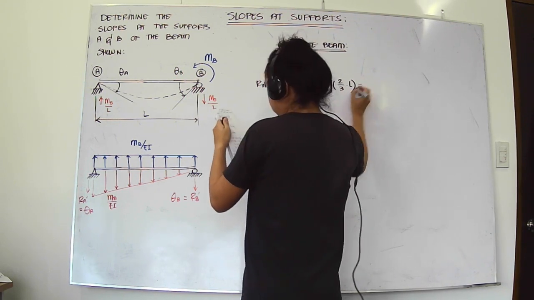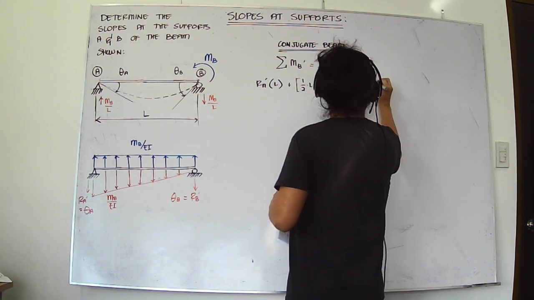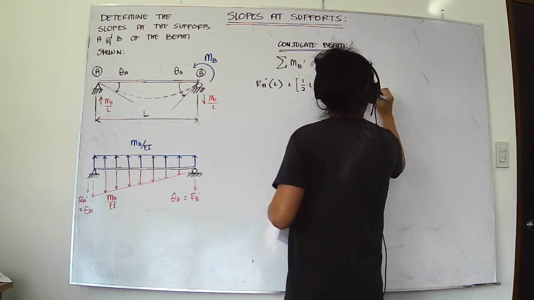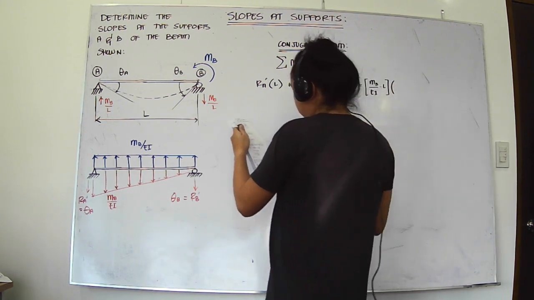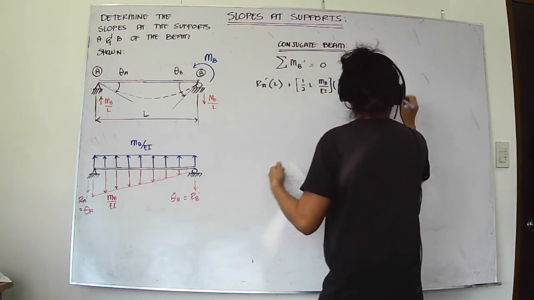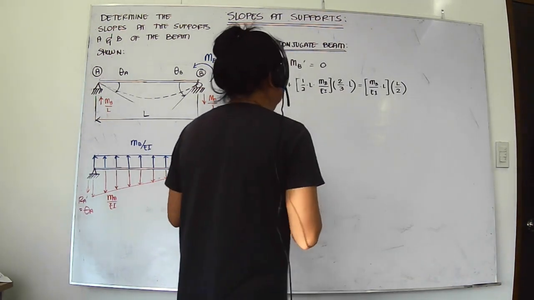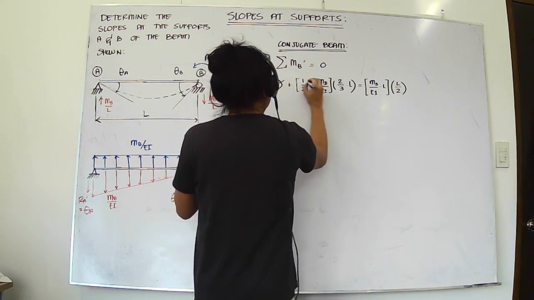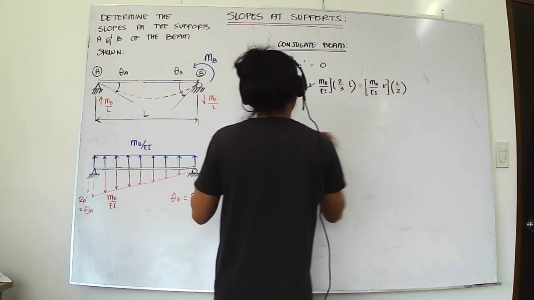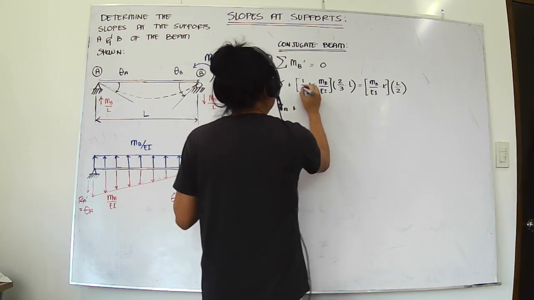And that should be equal to the other side. Area is MB over EI multiplied by L multiplied by the moment arm, which is half of the rectangle. We have to solve for that. I think L cancels out on a lot of things, and the 2 cancels out.